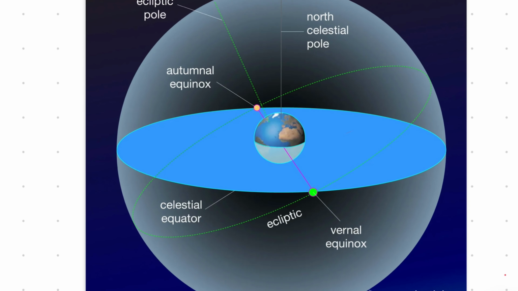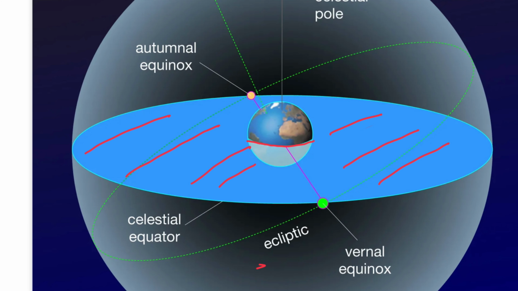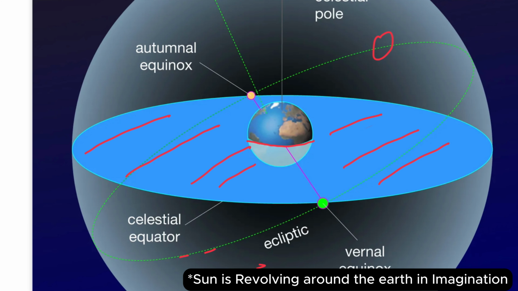Okay, and Earth is at the center, and we cut Earth into two equal parts. The plane that cuts Earth into two equal parts, this bluish region, we name it the celestial equator, and the sun is somewhere here and following this green elliptic path.